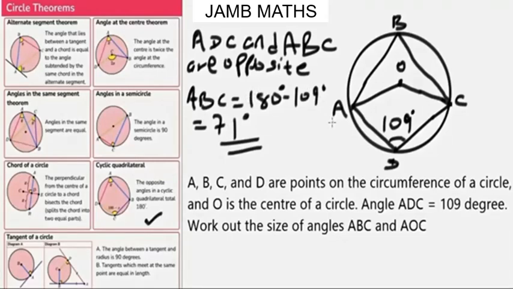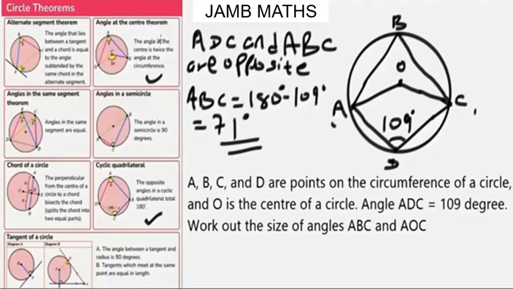Now angle ABC and angle AOC, this middle one, both come from the chord AC. So we have to make use of a rule to solve for angle AOC, the rule that involves the center: the angle at the center theorem.